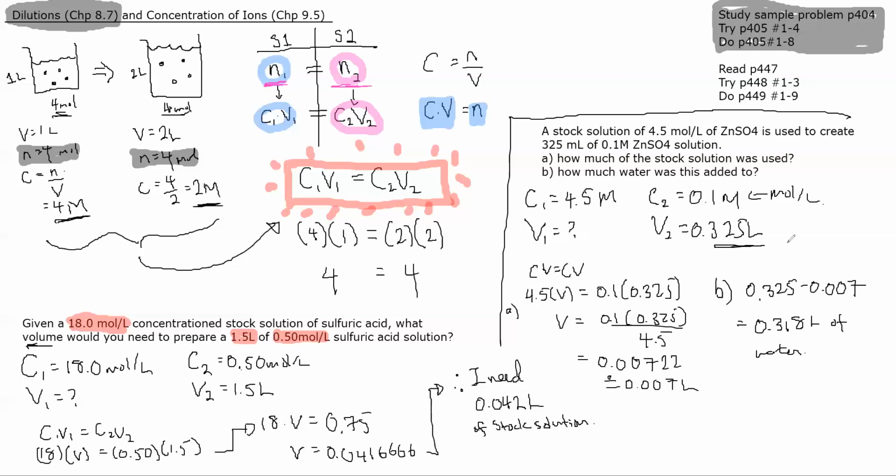It's a practical lab application. That means I filled a beaker with 318 milliliters of water, and then using a pipette, I collected exactly 7 milliliters and put it in. This is dilutions. Welcome to solutions.